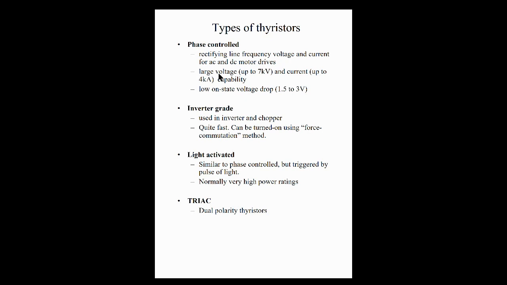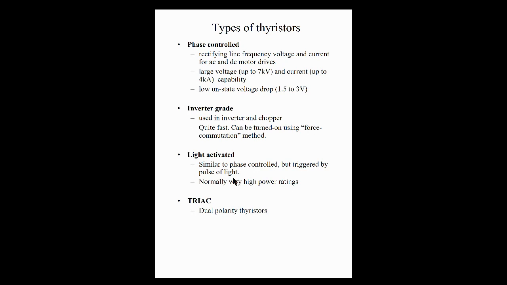There's the light activated type. I'll go into some more details with that one later on. So basically it uses a light. It shines onto the base, the gate, right? The gate of this thyristor is then activated.